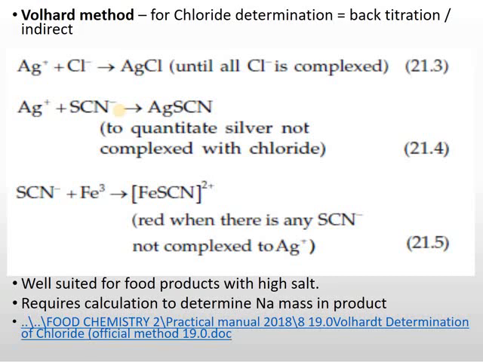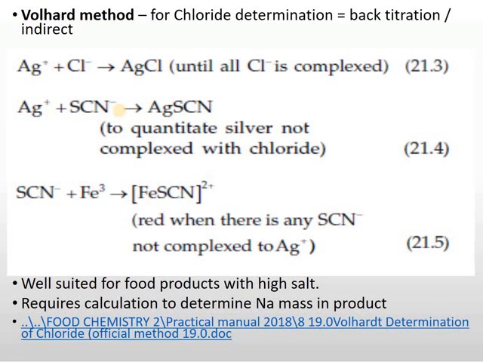In that way, once all the silver ions have reacted, the slight excess of thiocyanate, as I already mentioned, reacts with the iron to form a dark red complex, and that will be your end point of the titration. The concentration of the ion is then determined by subtracting the moles of silver ions that reacted in the titration from the moles of the silver nitrate that was actually added to the solution.